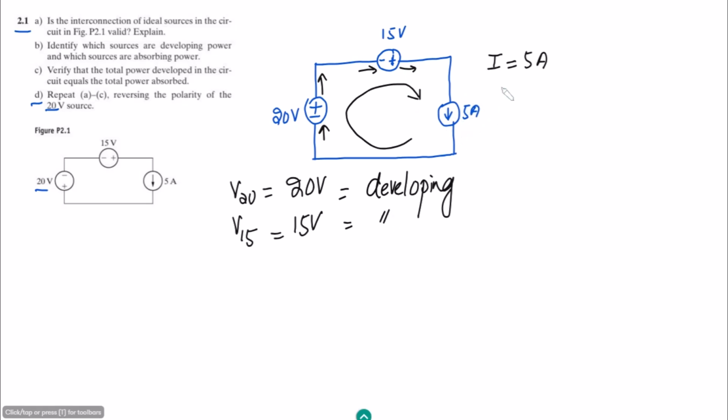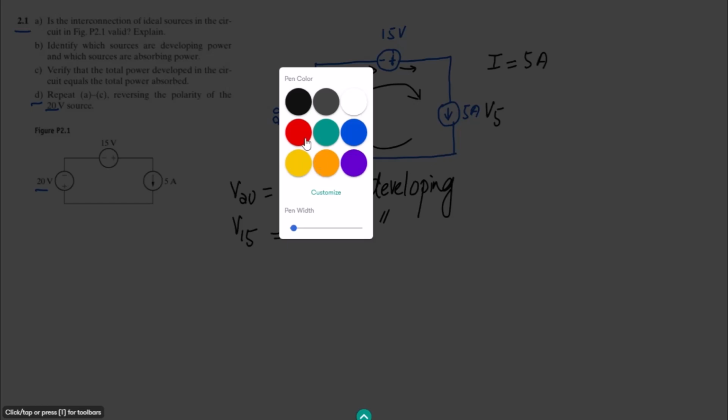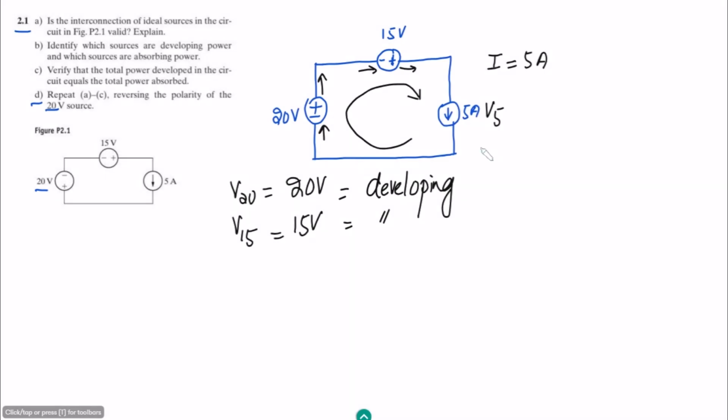In order to find it out, we don't know about this voltage, so let me have it. This is V5. We don't know about its polarity, so let me find it out. So in this loop, applying the KVL, we know that V20 plus V15, because the polarity of both of them is now the same, so therefore we are writing them, and plus V5. Suppose the polarity of it is unknown, so this is 0.